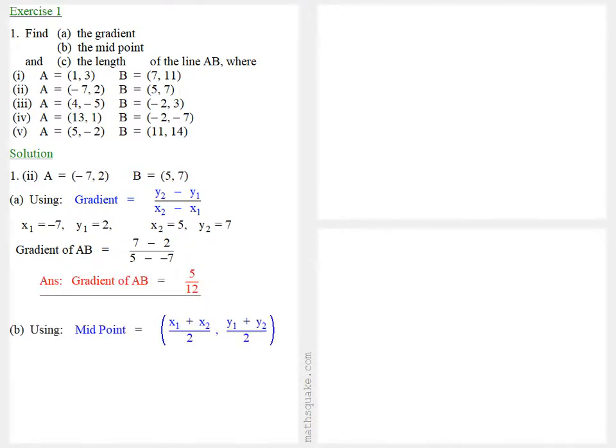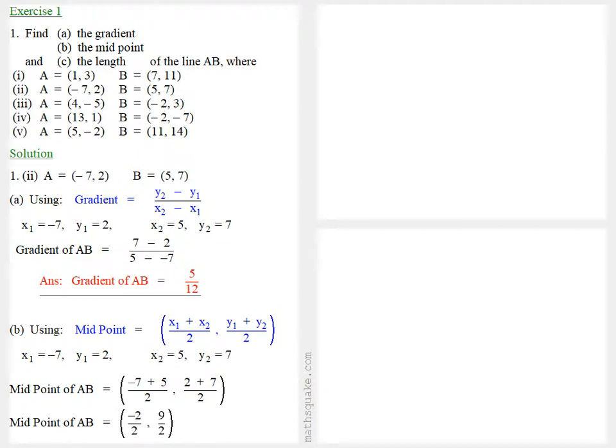To find the midpoint, we substitute the coordinates in the formula x1 plus x2 over 2 and y1 plus y2 over 2. And this gives us minus 7 plus 5 over 2 and 2 plus 7 over 2, which is minus 2 over 2, 9 over 2, and so the midpoint is minus 1, 4.5.